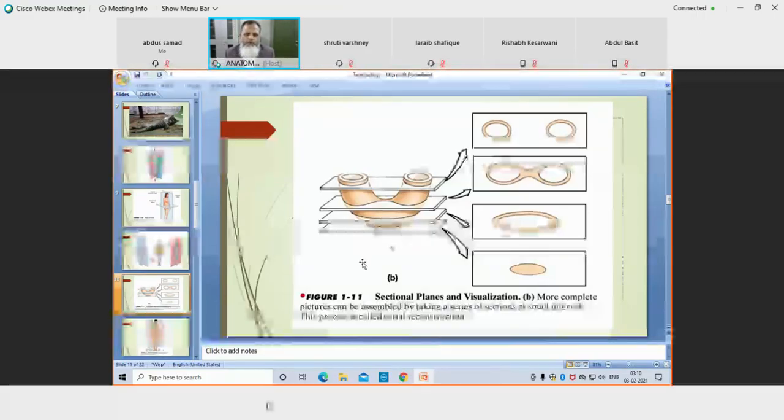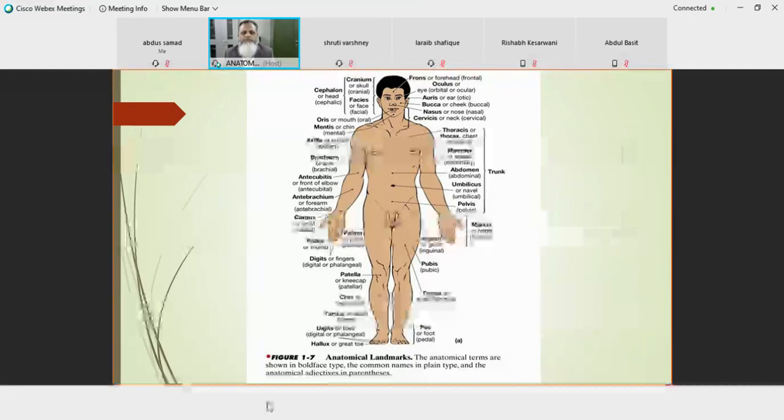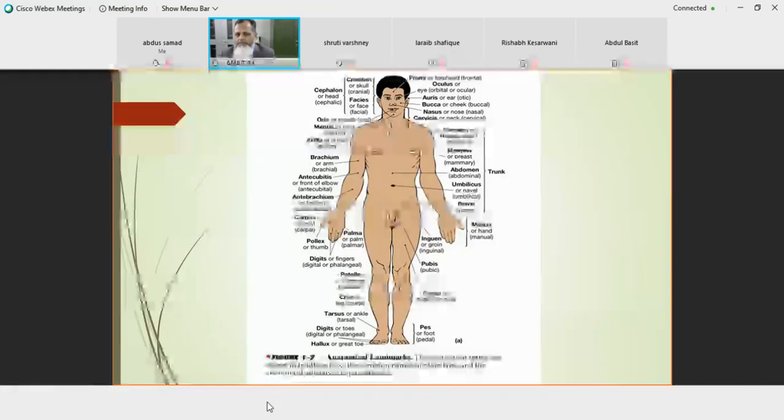Okay, now the terms related with the trunk of the body. Now see this slide and listen carefully to what I am telling you. Now we are going to know the terms that are used to describe the trunk.